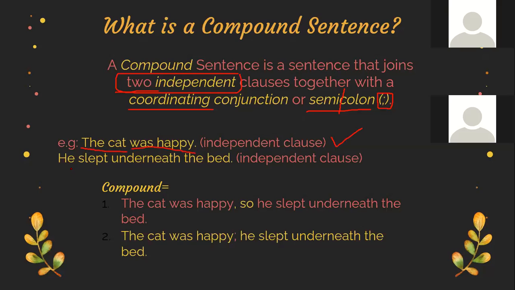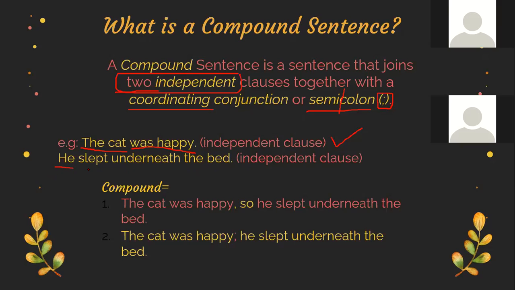Read the second one. He slept underneath the bed. They said here that it is an independent clause. Is it right? Yes. Why? Because there is one subject. What is the subject? He. Excellent.